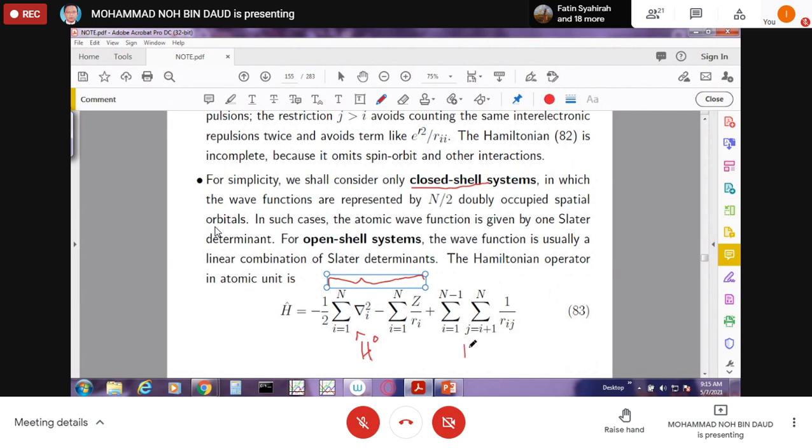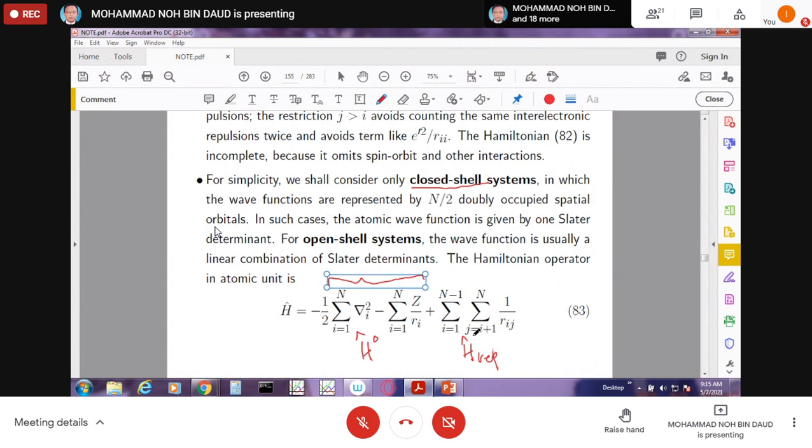This is what you learned. The repulsion one, H prime, is our perturbation. If we are discussing in terms of perturbation, this is our perturbation. You can also relate this to perturbation theory. Hartree-Fock is the variational approach.